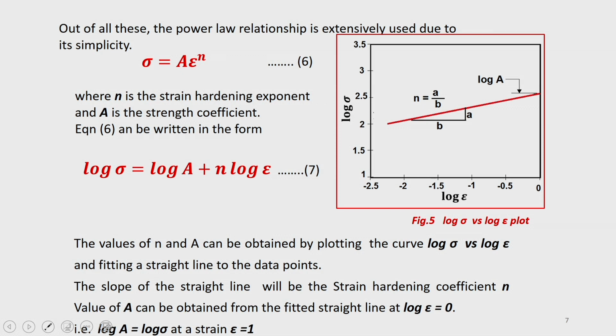Okay. So, at log epsilon is equal to 0, what is the value of sigma? From that we can find out the value of A. So, log A is equal to log sigma at log epsilon is equal to 0. Okay. So, from that we can find out the values of A and n. So, it is a very simple form of determining these constants.